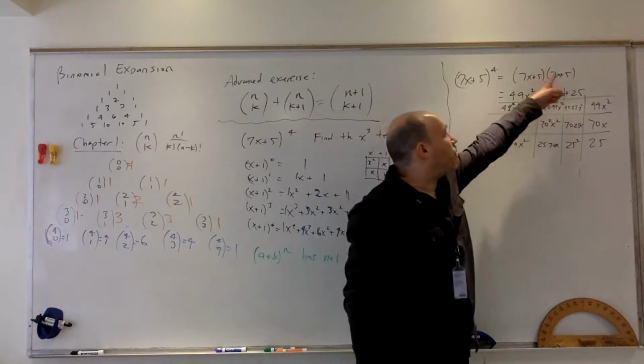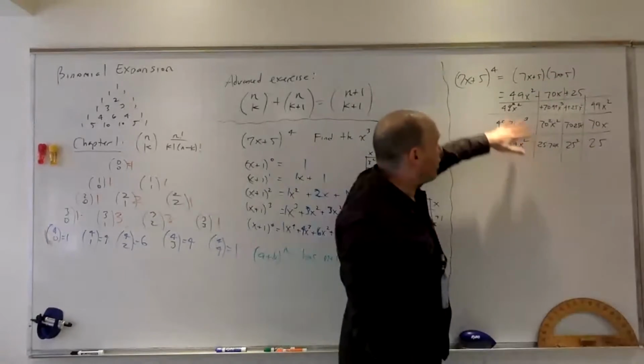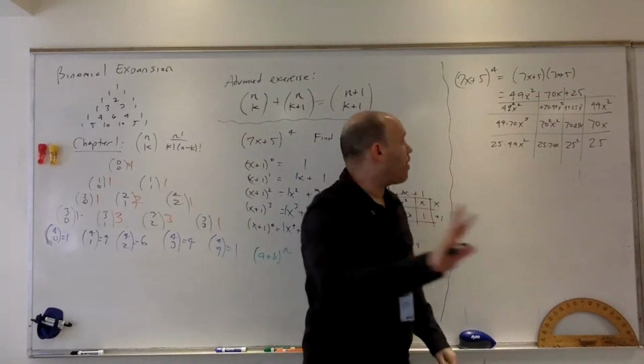So I multiplied 7x plus 5 times 7x plus 5, and then I multiplied it again to get this whole big thing. Bear with me.